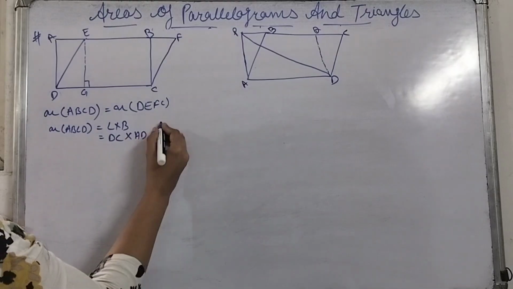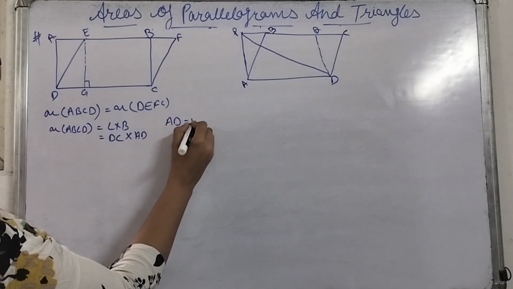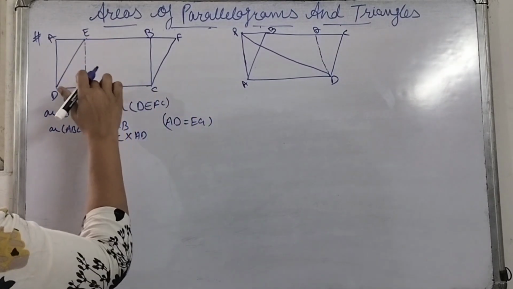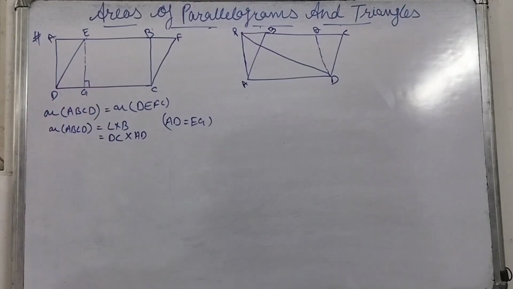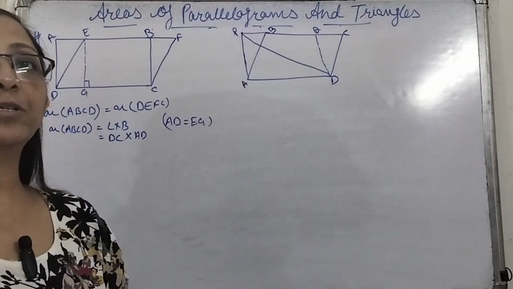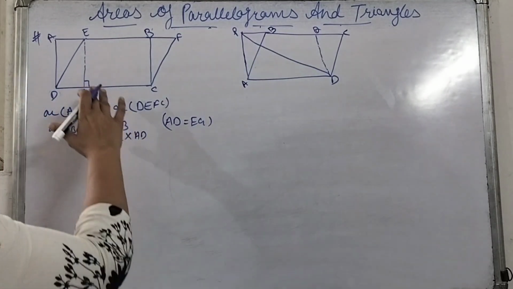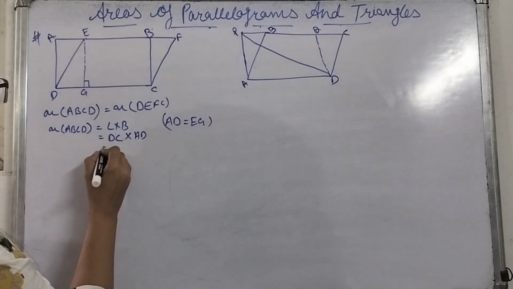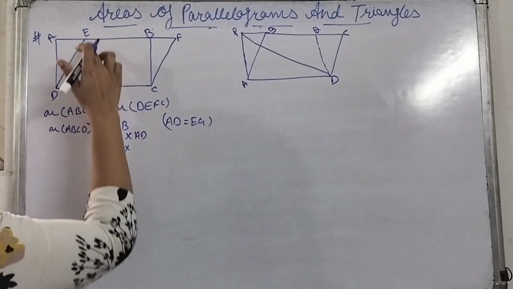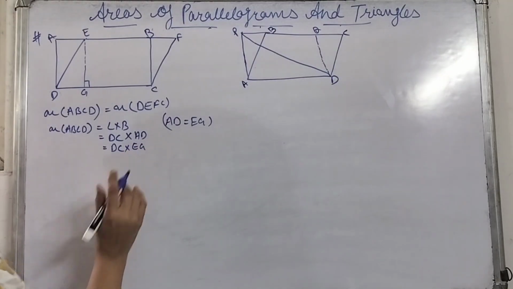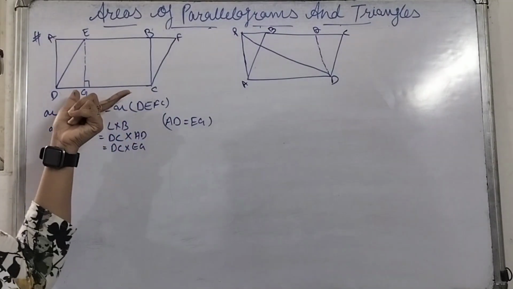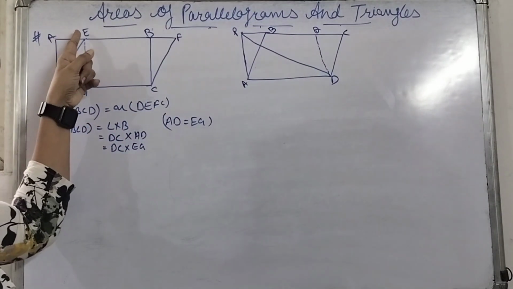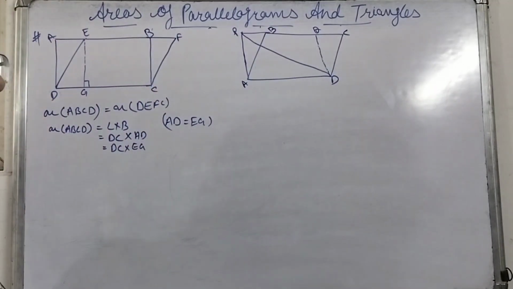That's the reason AD is equal to EG, because both of them make an angle of 90 degrees. So the area can be written as DC multiplied by EG also. Now DC is the base for the parallelogram DEFC also.